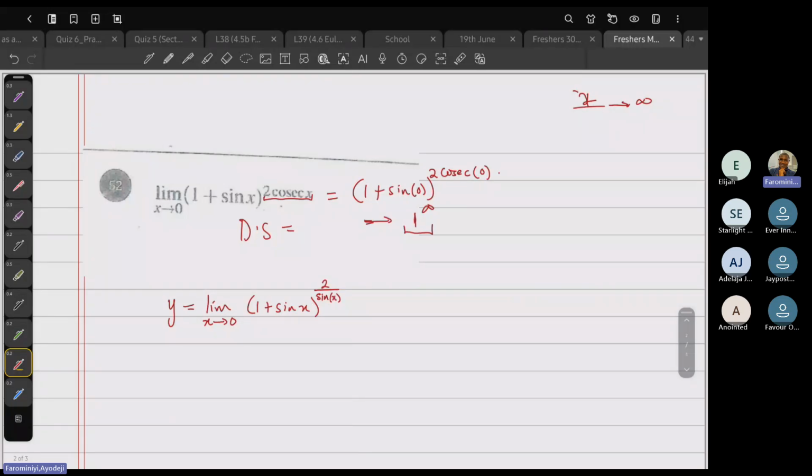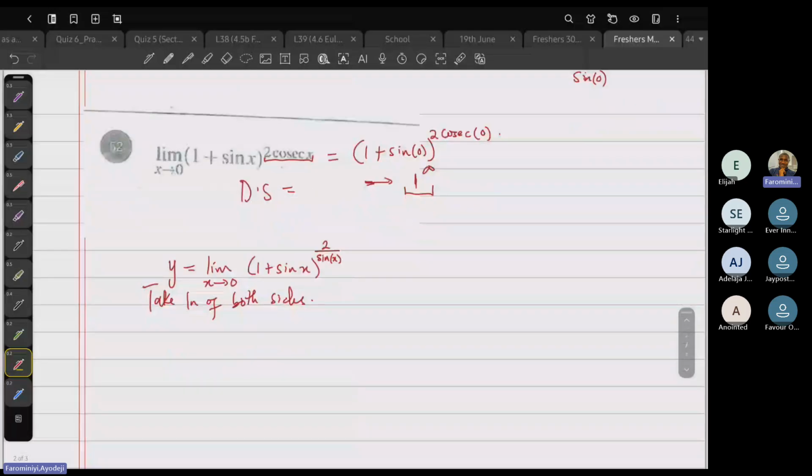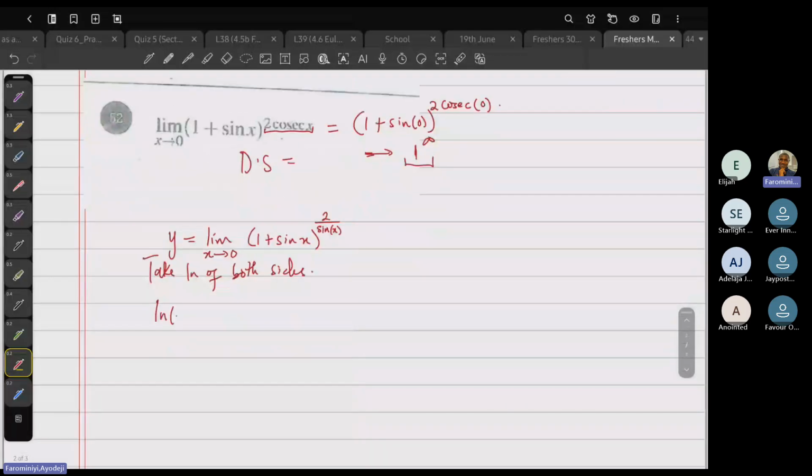It should be sine there, sorry, because that's the one that will go to infinity. 2 over sine x, and we take logarithm of both sides. So that means we're going to have natural log of y is equal to the natural log of the limit as x goes to 0 of 1 plus sine x to the power 2 over sine x, or 2 cosec x.